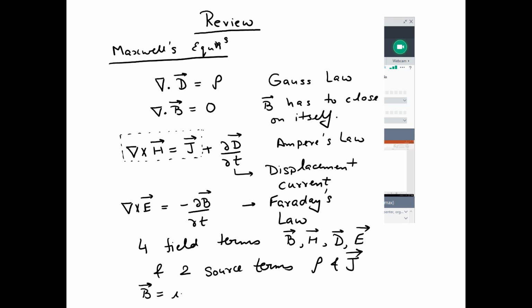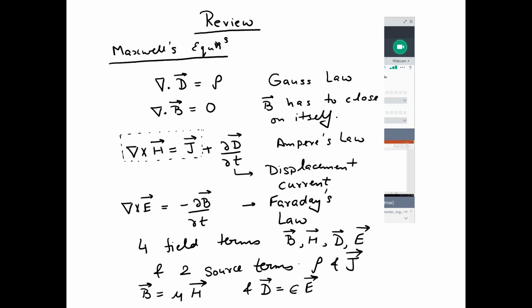B and H are related by the magnetic property of the material they are in. So B is equal to mu H, and D is a mathematical term which is introduced so that we can account for the polarization within the material. And so D is equal to epsilon E. So in fact, there are four different field terms, but they are in pairs of each other.